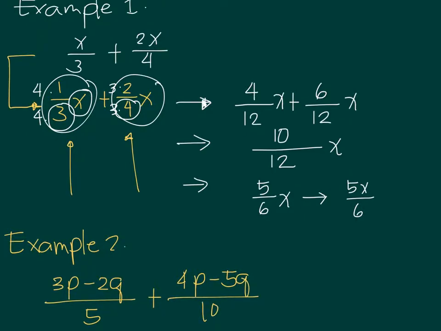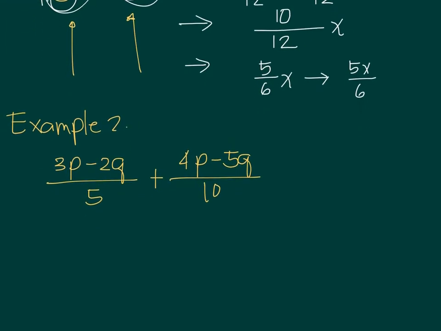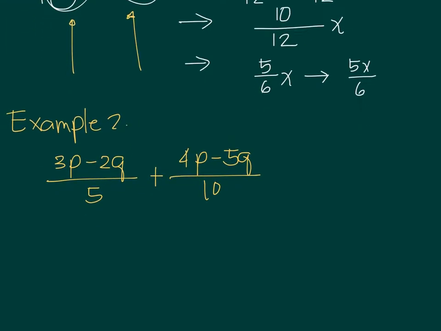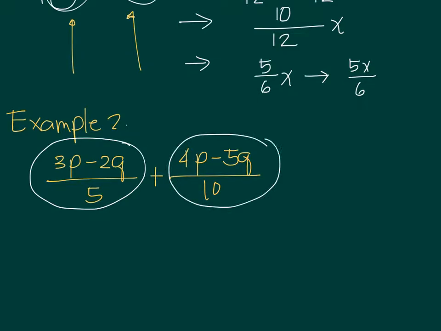If we look at them, this is one fraction and this is another fraction, but they don't have the same denominator, so we cannot just add them directly. So what we can do is we use the LCD, and the LCD is 10.